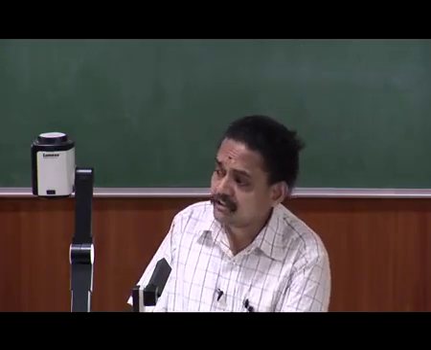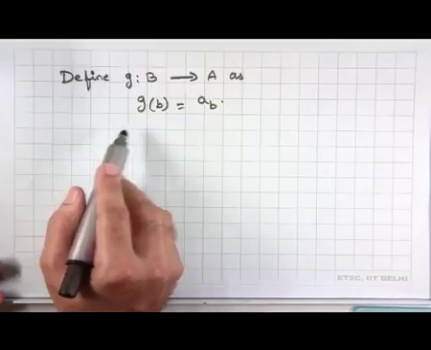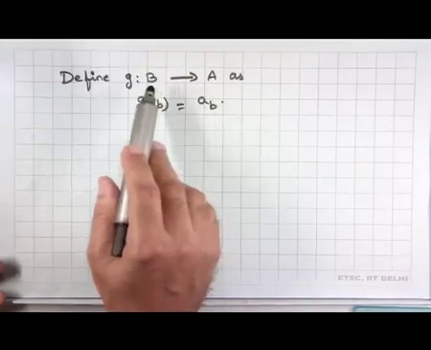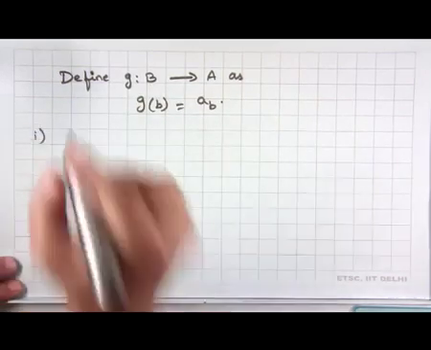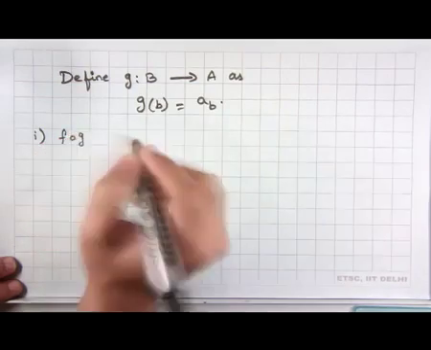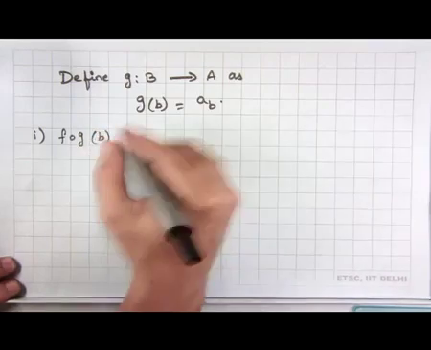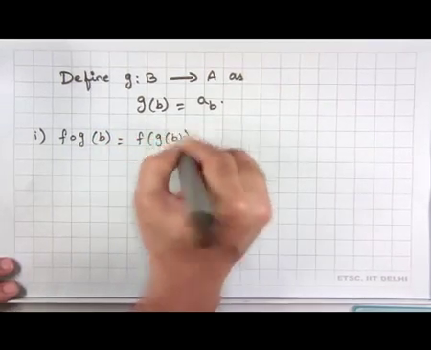Once we have defined this, we will have to show, first, that f composed with g is the identity on B, and second, that g is 1-1. Let us verify one by one. First, let us look at f composed with g at any b, which is f of g of b.